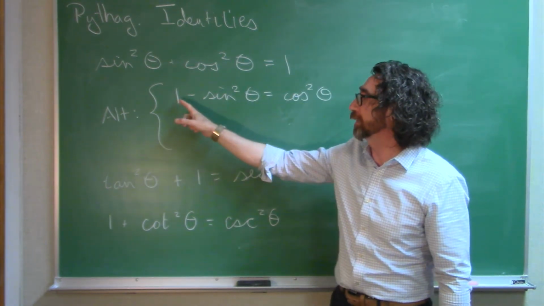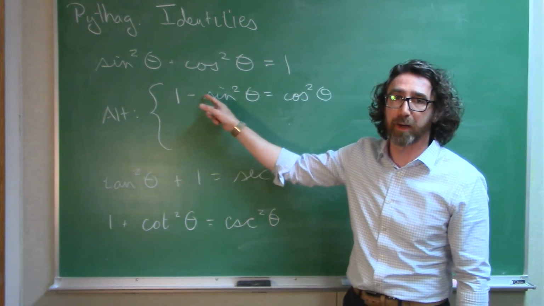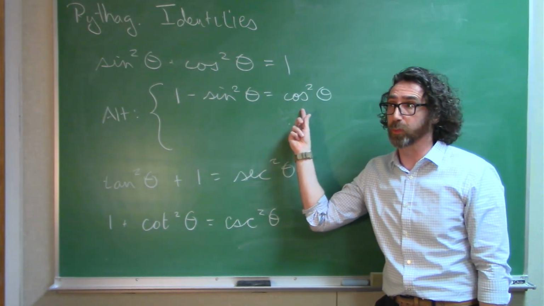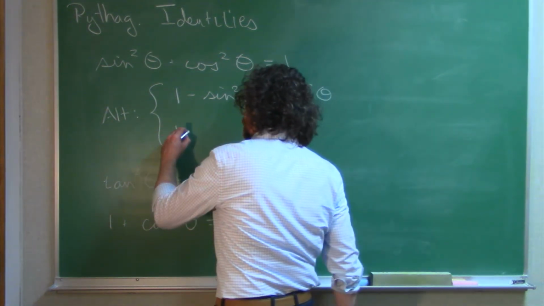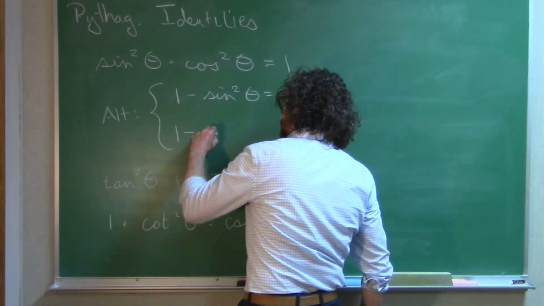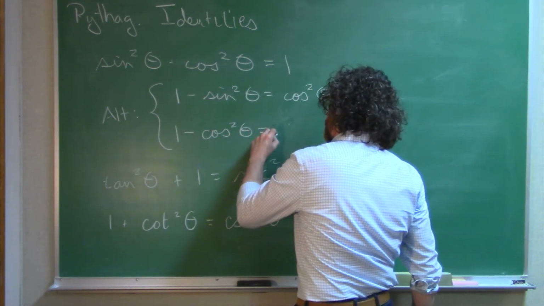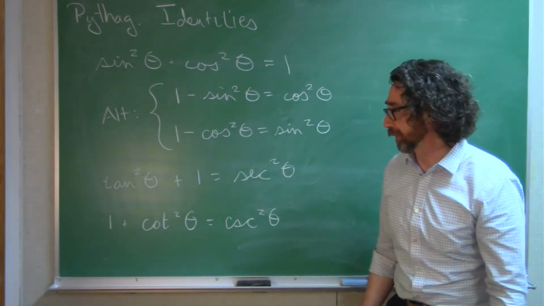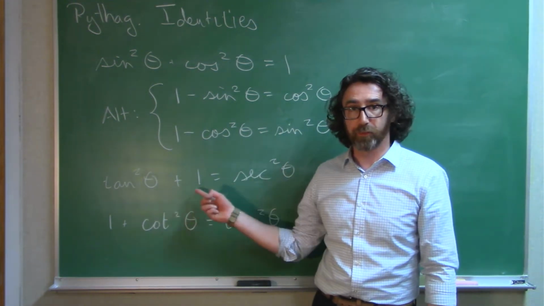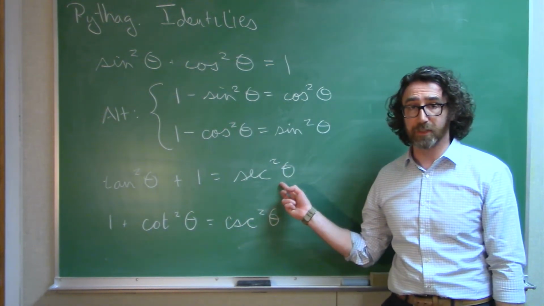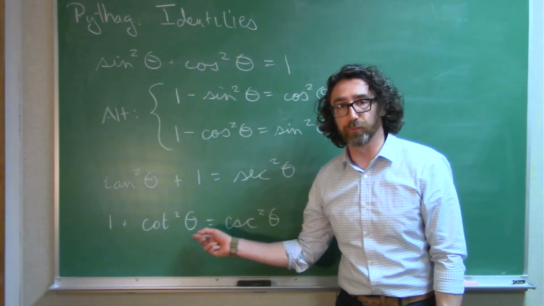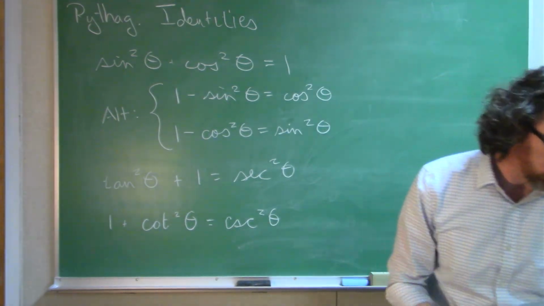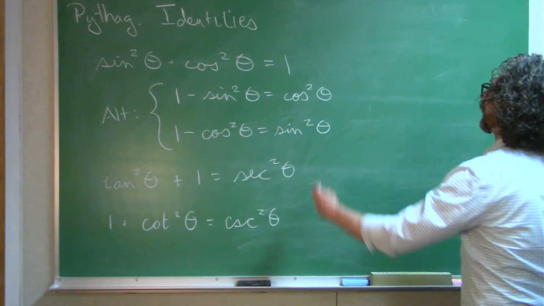So if I ever see an expression that has 1 minus sine squared theta, I can replace it with cosine squared theta. Similar reasoning, if I ever see 1 minus cosine squared theta, I can replace that with sine squared theta. And likewise, if I ever see this, I can change it to secant squared. If I ever see 1 plus cotangent squared, I can replace that with cosecant squared. Okay, let's do a quick little application.